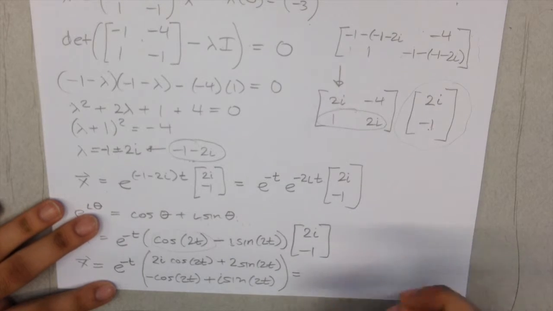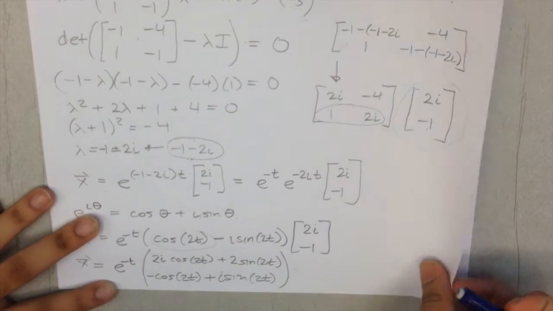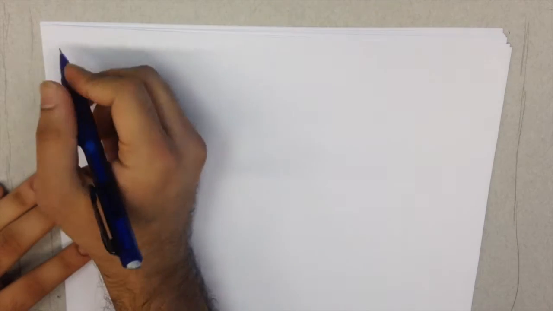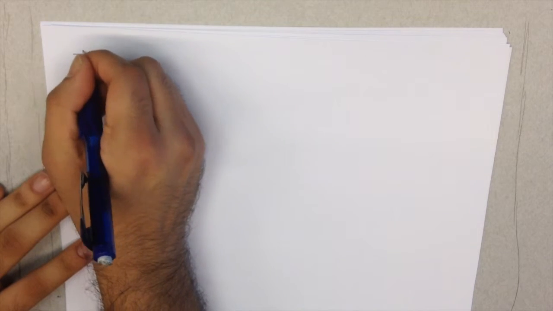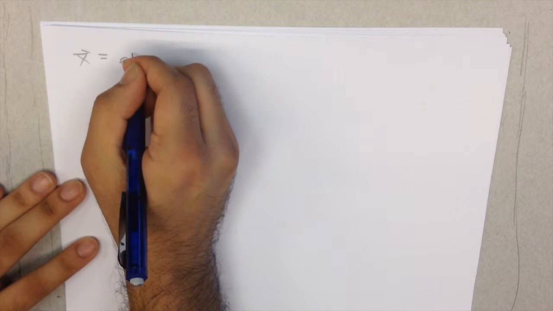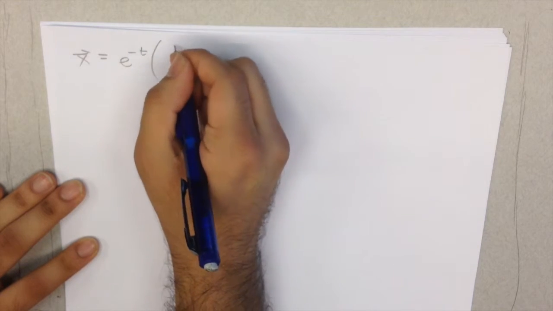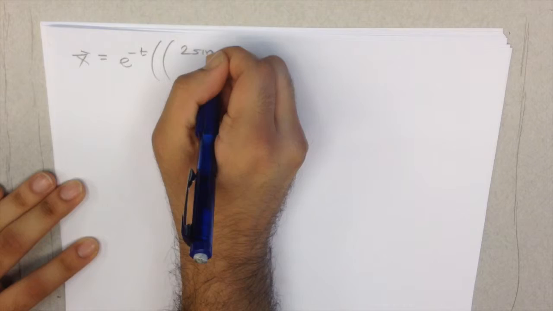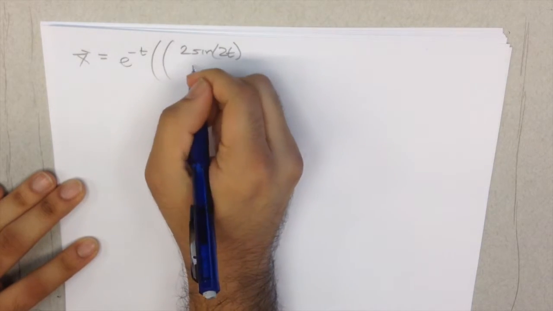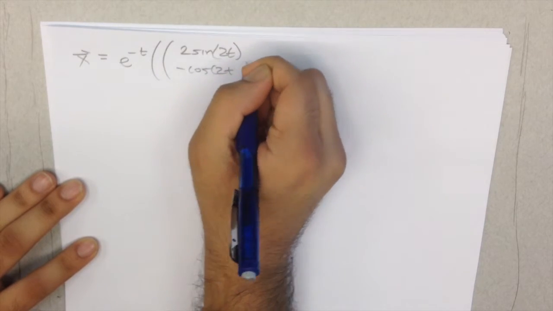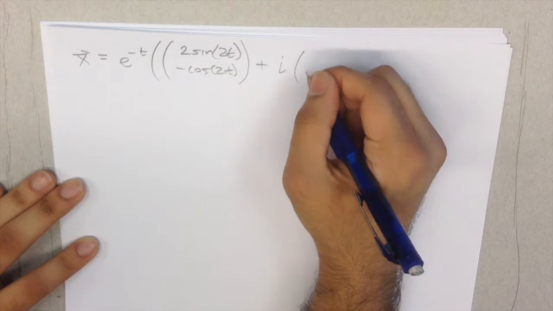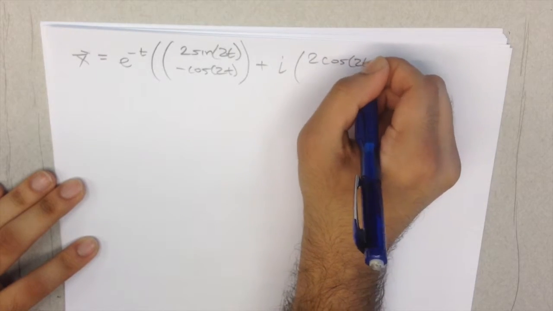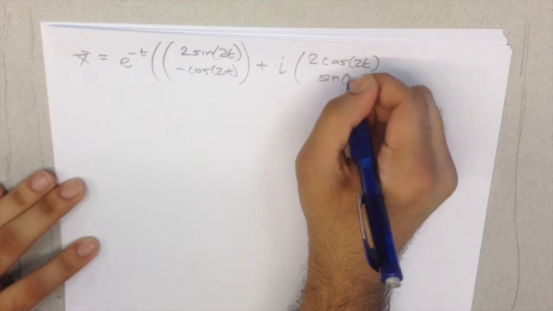So when we do that, and I'll use a separate sheet for this, we get x is equal to e to the negative t times (2 sine 2t, minus cosine 2t) plus i times (2 cosine 2t, and sine 2t).